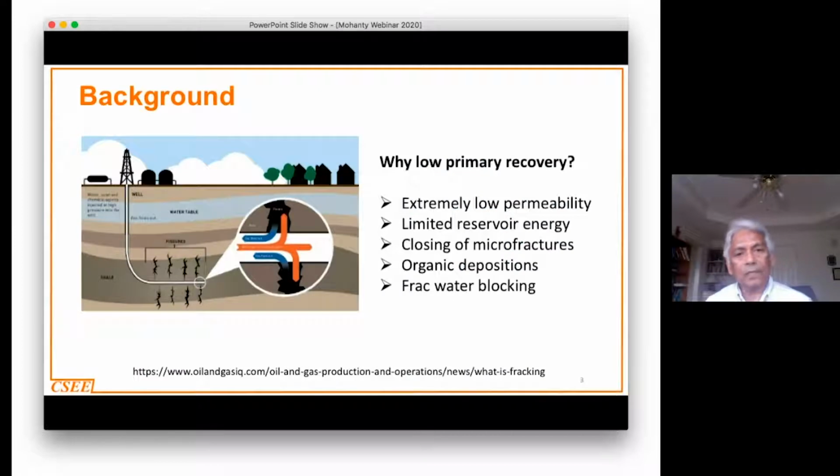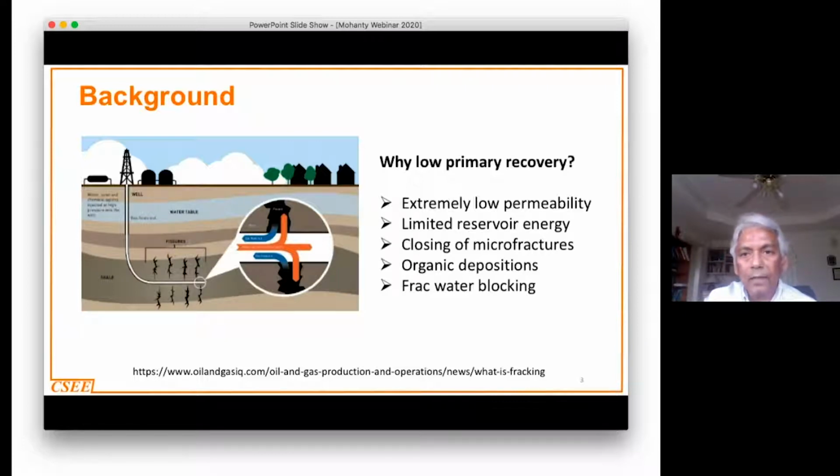So first thing, we got to ask the question, why is this primary recovery so low? There are, of course, several reasons. The first being these shale formations are extremely low permeability. Also, there is limited reservoir energy in the system. So when that energy goes away, the production goes down.